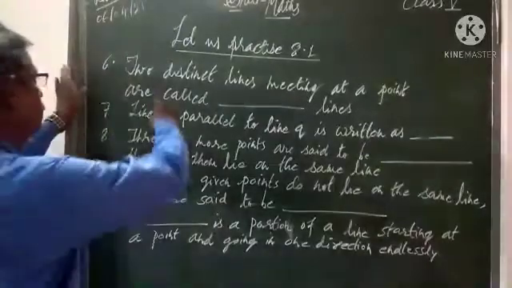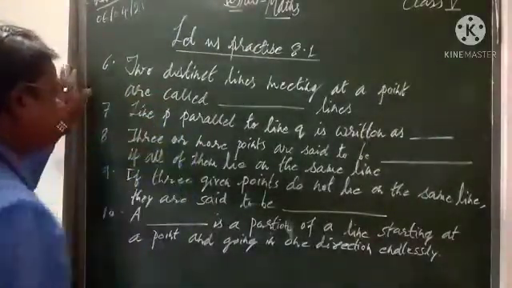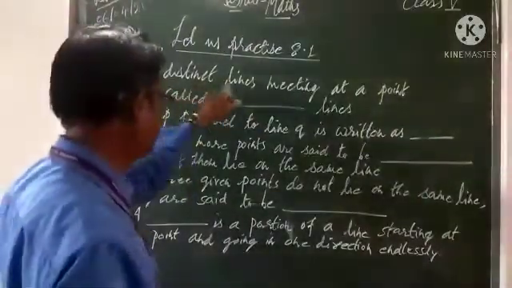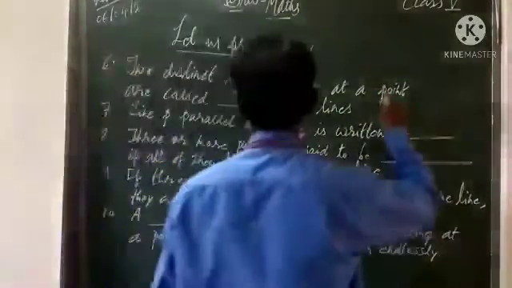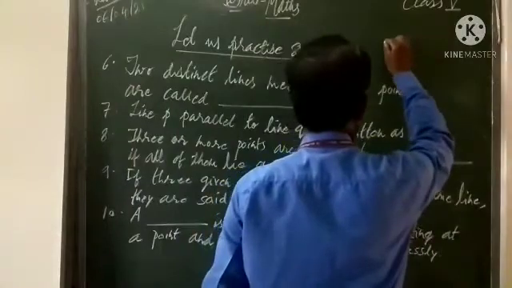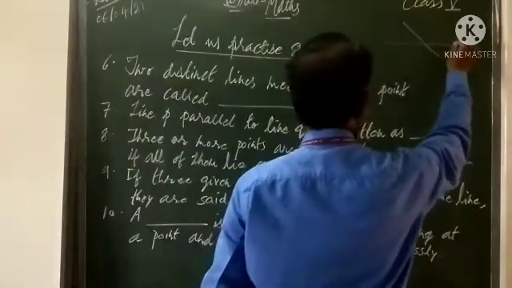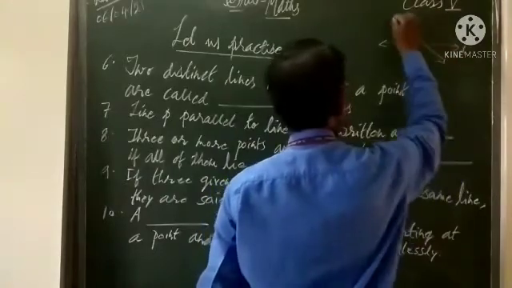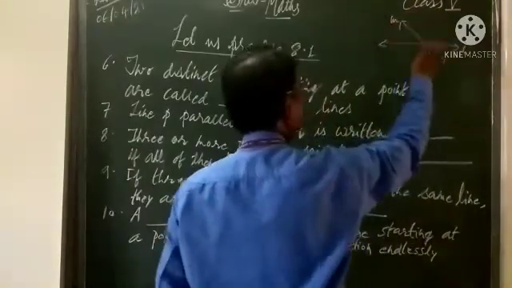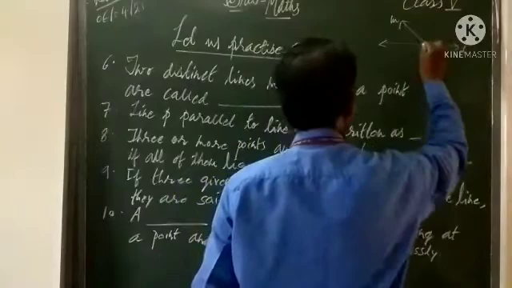Look at the 6th example. What is given? 2 distinct lines. 2 distinct means different lines meeting at a point, or a dash line. For example, this line and this line, line L and line M. Already I explained this one. If 2 distinct lines meet at a point, this point is called what?